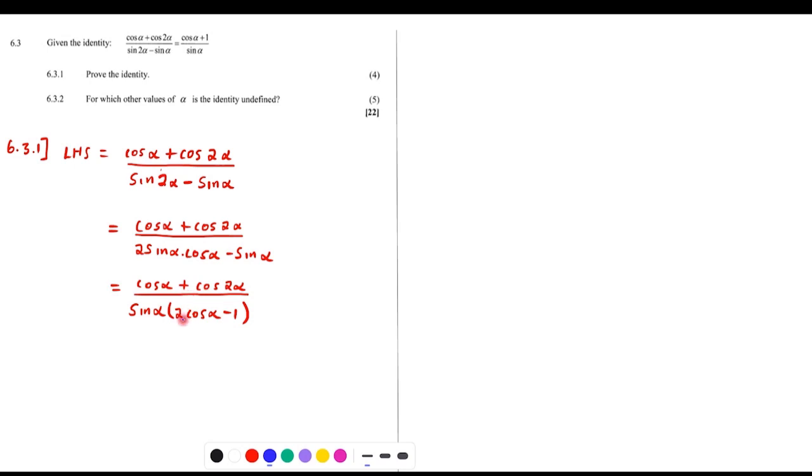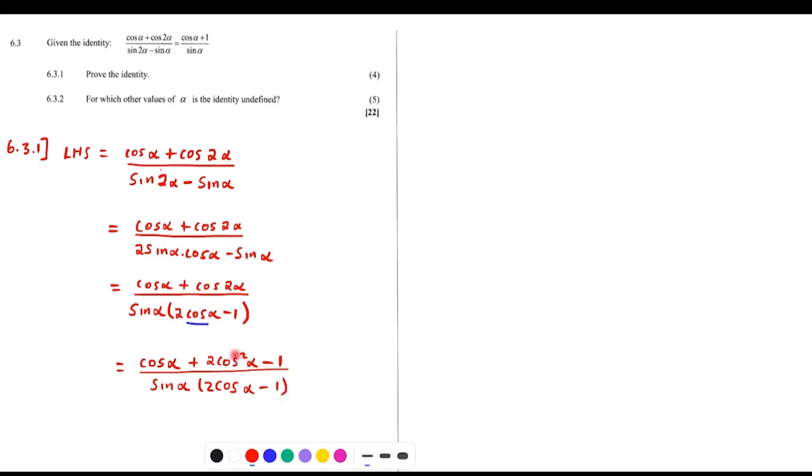Now here, as you can see, I have the 2 cos alpha minus 1, right? Then what I need to do is change this cos 2 alpha to contain only cos. As you can see here, I can also have cos there, right? So this then means that in my double angle for cos 2 alpha, I will change this to 2 cos squared alpha minus 1, right, over sine alpha into 2 cos alpha minus 1.